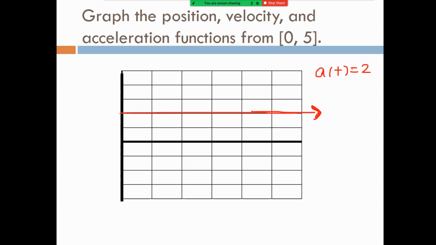Velocity isn't too terrible. It's 2t minus 4. So you start at your y-intercept. And then we go up 2 and over 1. And hopefully on the graph, you can see how at 2 seconds, velocity is 0.